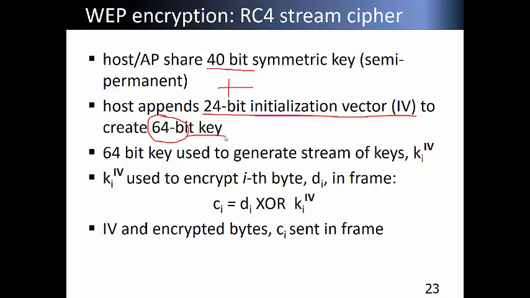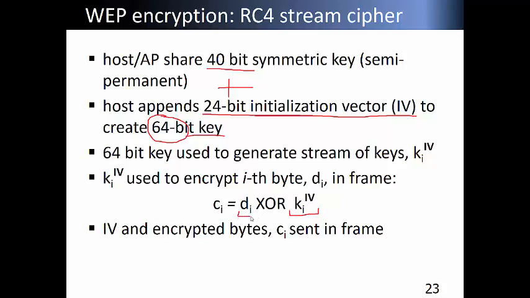The 40 bits are the key, and the 24 bits are simply the initialization vector. So the 64-bit key is used for WEP encryption. If you want to increase this to 128, then you need to increase the other parts.